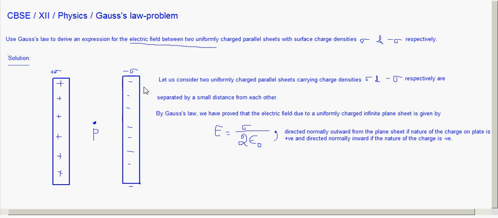So now at this point P, due to the plane sheet on the left hand side, that has a charge density of plus sigma, so it is positive charge, the electric field due to this will be directed away from it. So if we mark the electric field due to the first sheet, it will be going away from it.